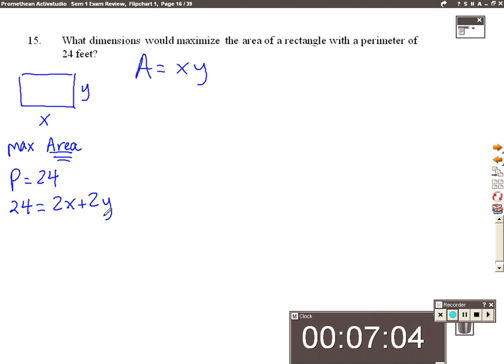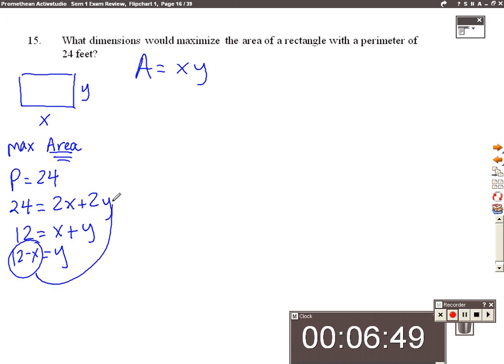If I divide everything by 2, I would get 12 equal to x plus y. I'll solve for y, it doesn't really matter, equal to 12 minus x. I'm going to substitute the 12 minus x in place of y, and I get area is equal to x times 12 minus x.